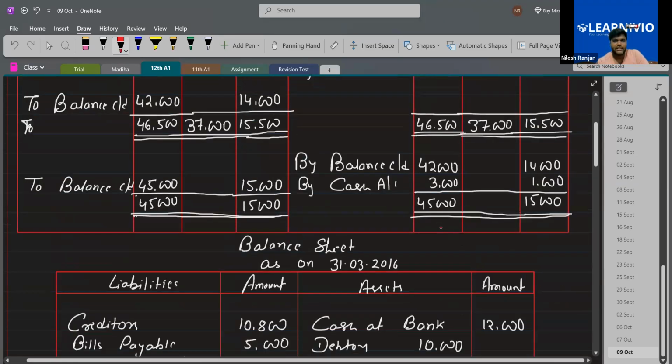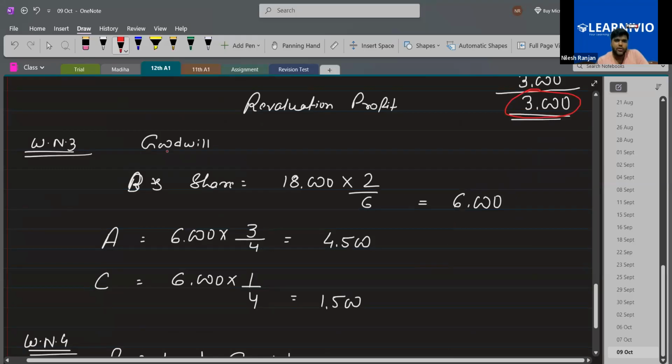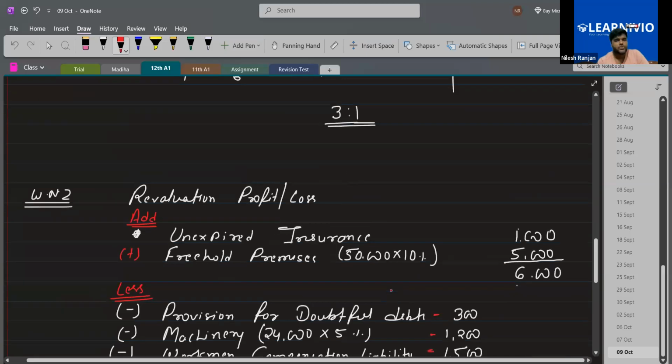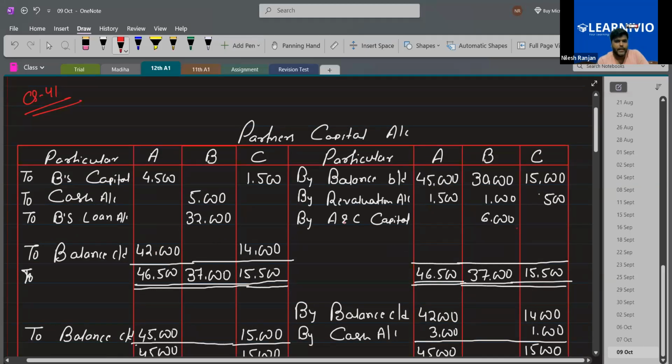After that there is goodwill of 18,000, which I have done in the working note. B's share of goodwill was 18,000 into 2 by 6, so 6,000, and this 6,000 is distributed between A and C in their gaining ratio 3 by 4, 1 by 4. So 4,500, 1,500.